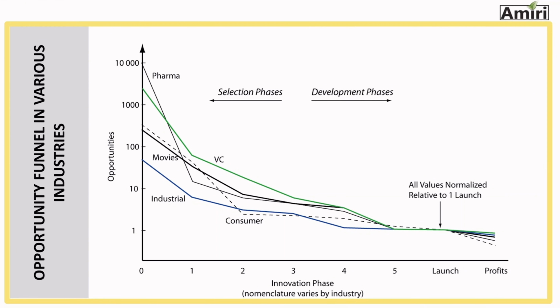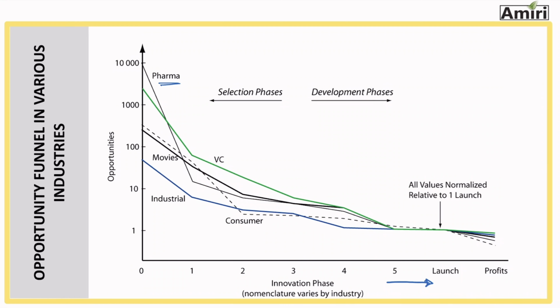You can see here on the top, for pharmaceutical drug manufacturers, tens of thousands is an appropriate number of opportunities to start with, and then they end up, maybe, launching one product.